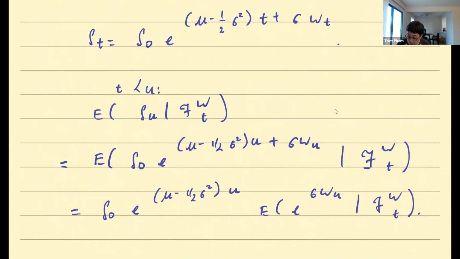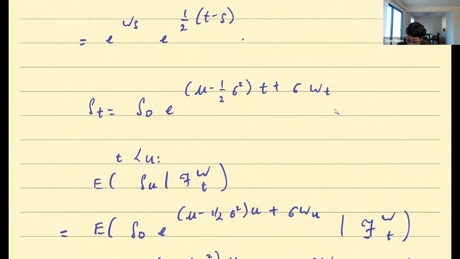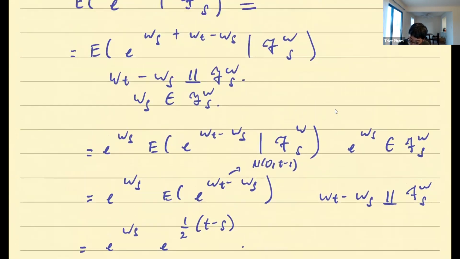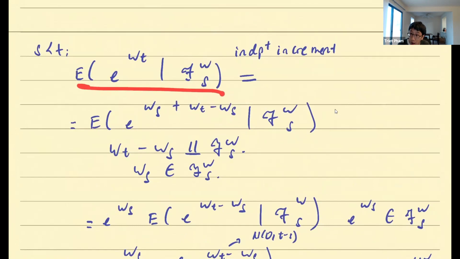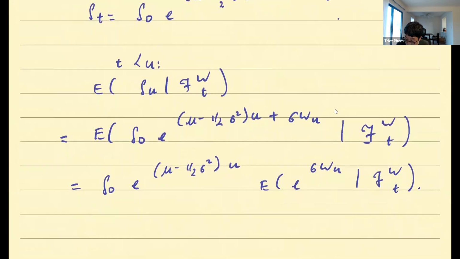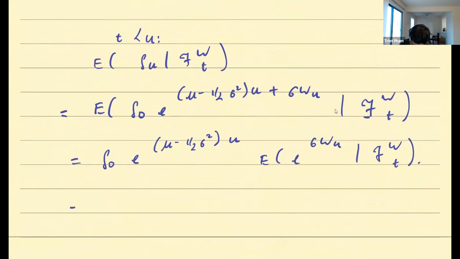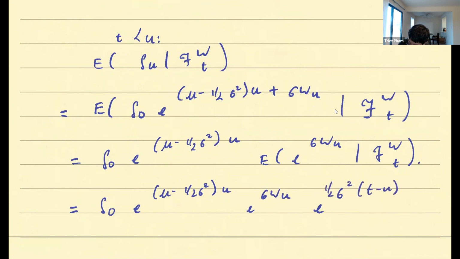And you recognize this is exactly the calculation we have just been doing, with a change of labels, U and T, with a sigma in front. I hope it's not surprising that the answer will be this: e to the sigma W_u, and then e to the 1/2 sigma square (t minus u).